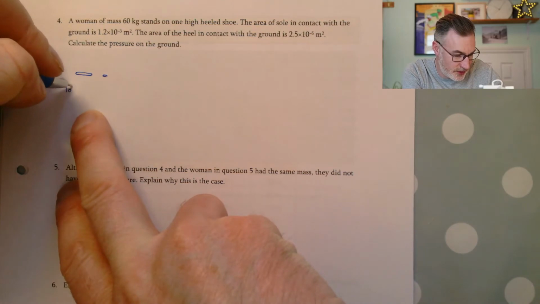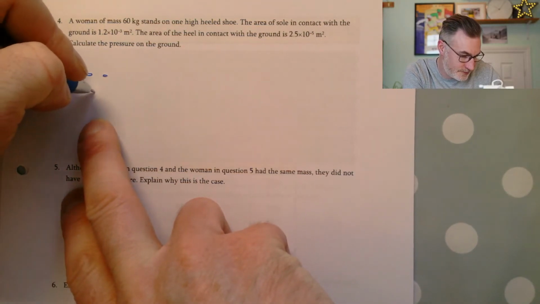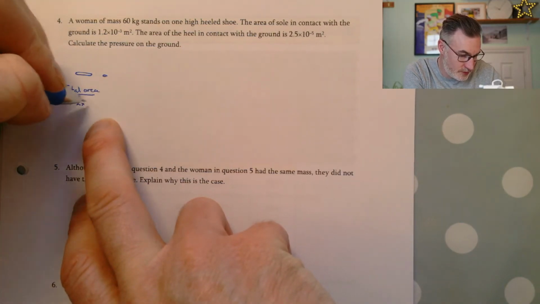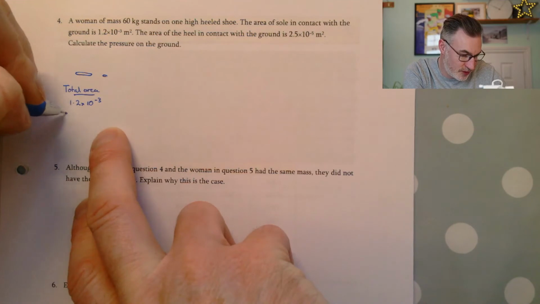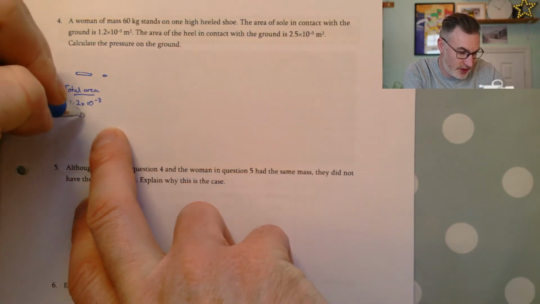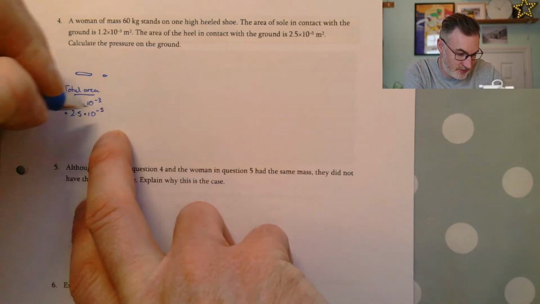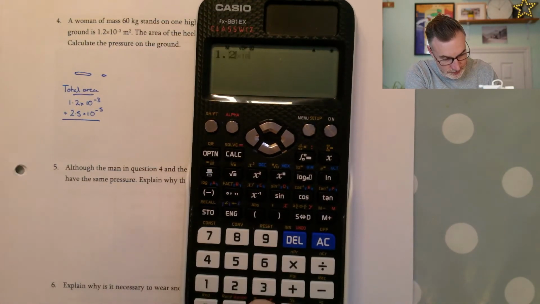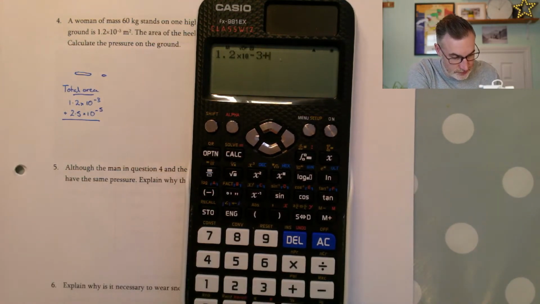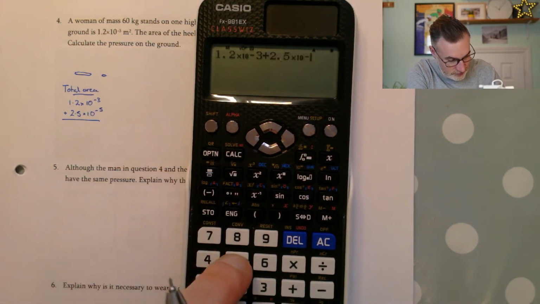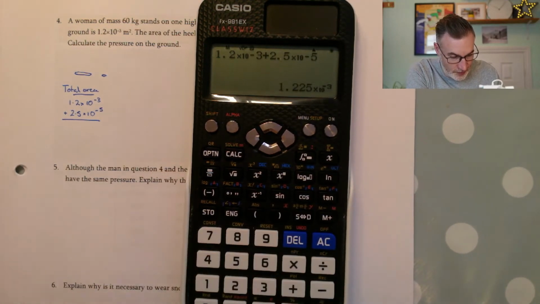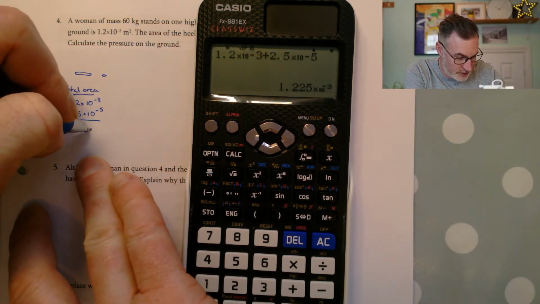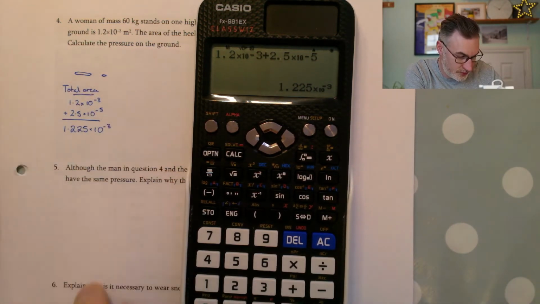We'll say total area, and that's going to give us 1.2 times 10 to the minus 3 plus 2.5 times 10 to the minus 5, and so that will be 1.225 times 10 to the minus 3 meters squared.